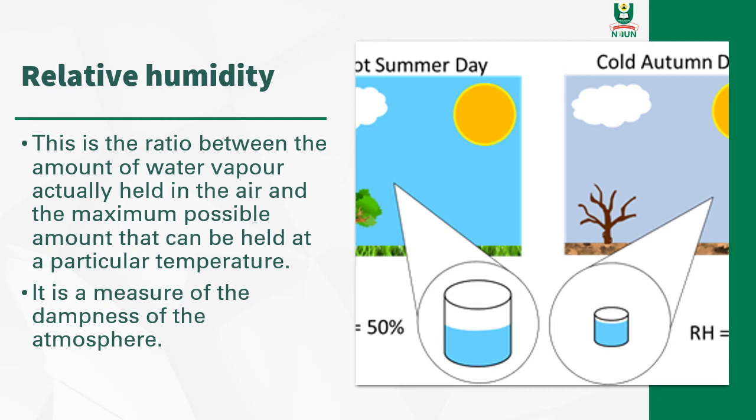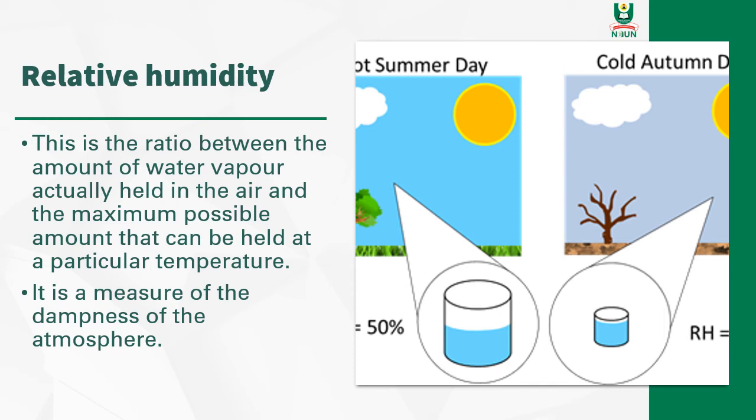So it's the measure of the dampness of the atmosphere, and this in turn translates to the crop, because if the relative humidity is too high, then there is usually prevalence of pests and diseases on the crop, and if the relative humidity is too low, then the plant is usually dried out because there will be dryness everywhere, there won't be moisture.